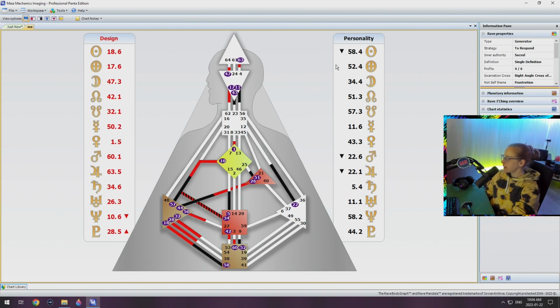So why do we even talk about the moment you were born versus about 90 days before? Well, in my opinion, this isn't a human design opinion.